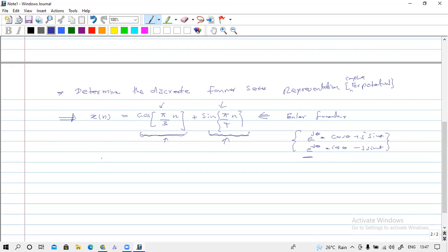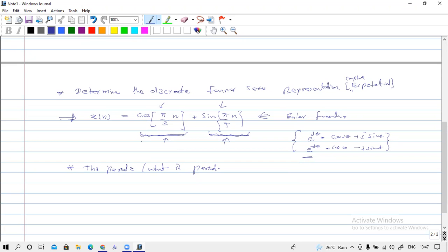So to determine the Fourier series representation, what you have to first verify is whether this is periodic or not. Then what is the period? This is the thing you should know. You should first identify it.